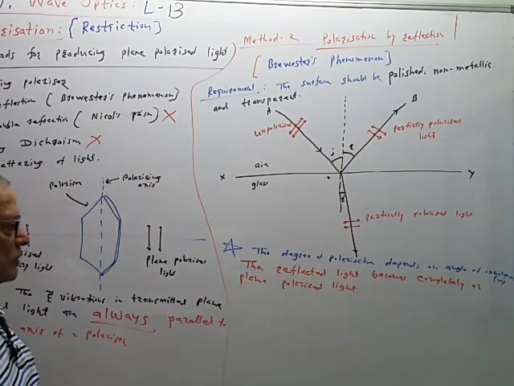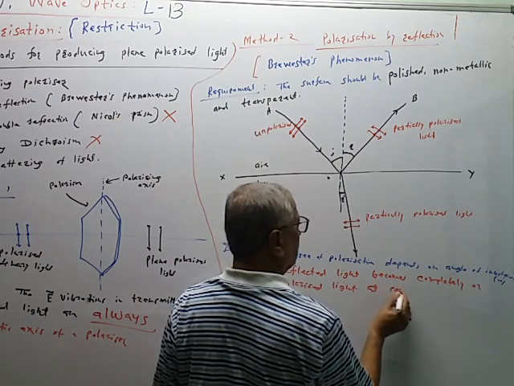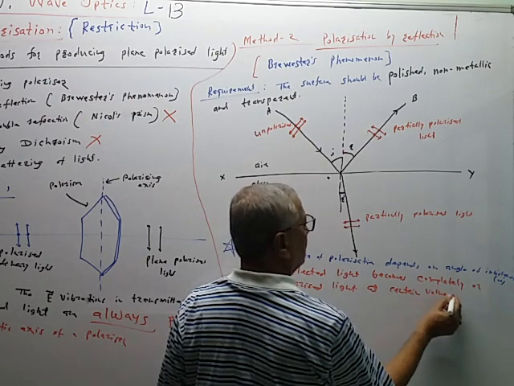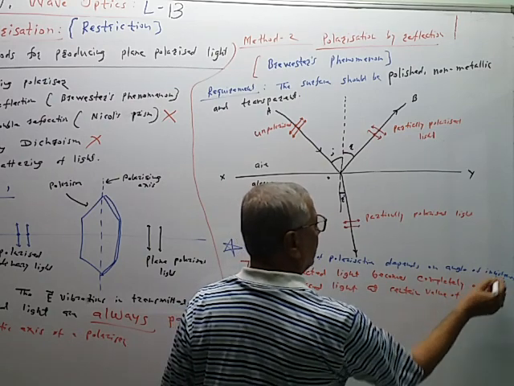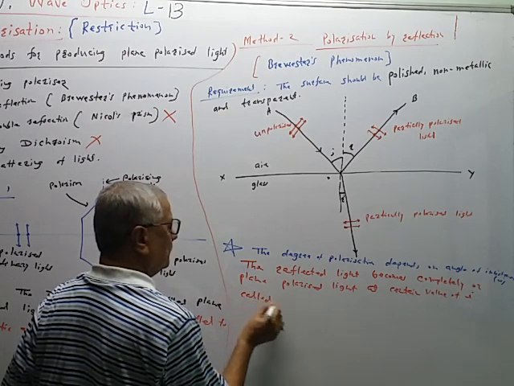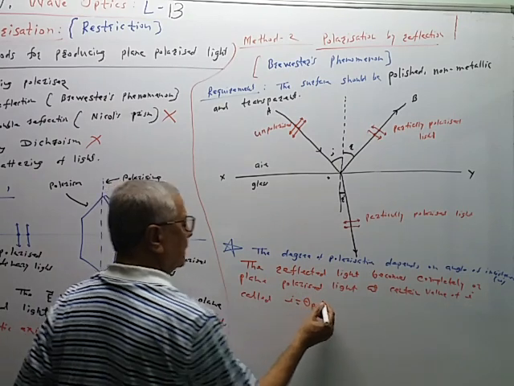The reflected light becomes completely plain polarized light at a certain value of I, the angle of incidence, called I equal to theta p.